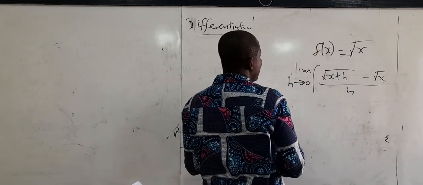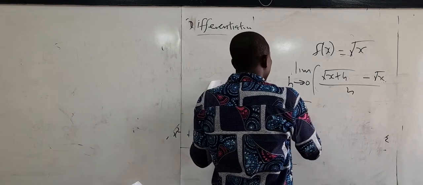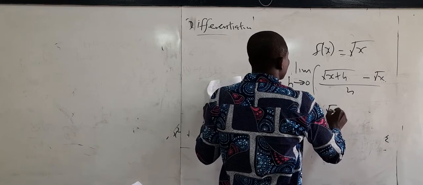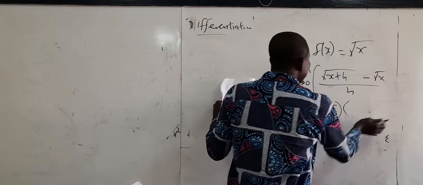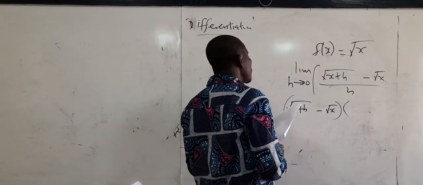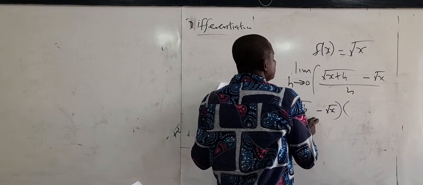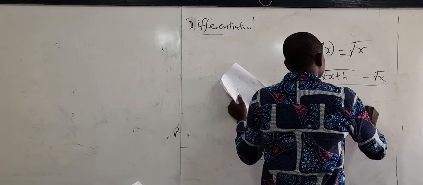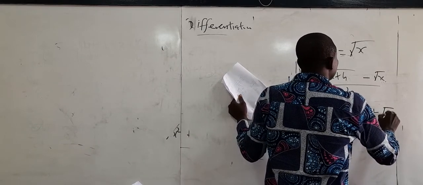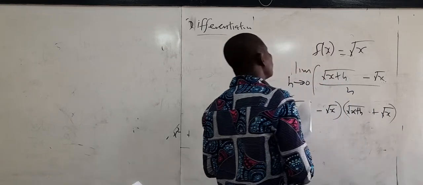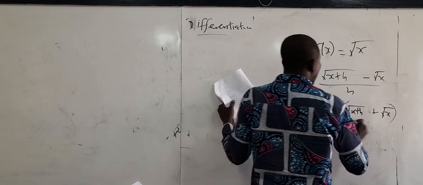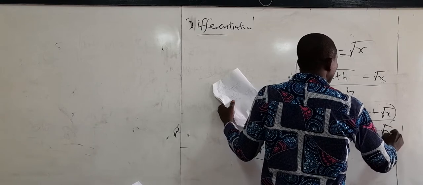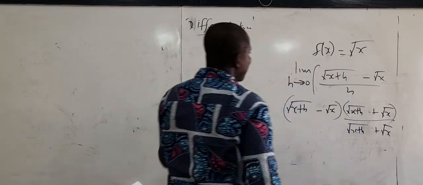So if you have a little knowledge about sets, you have root (x plus h) minus root x, multiplied by the same thing with the sign changed, the conjugate. That produces root (x plus h) plus root x, so the top becomes a difference of two squares, all over root (x plus h) plus root x.